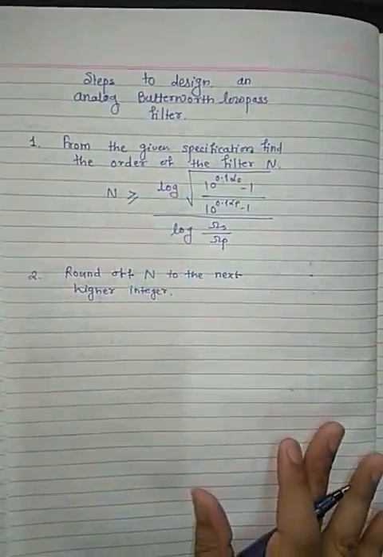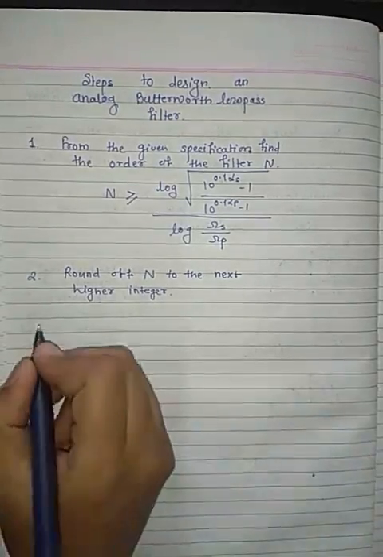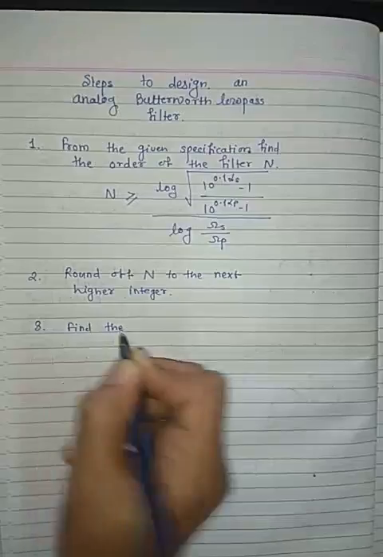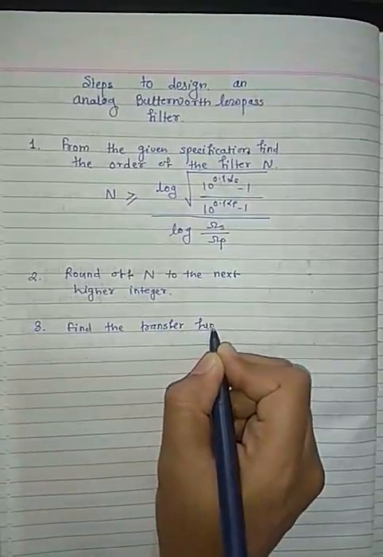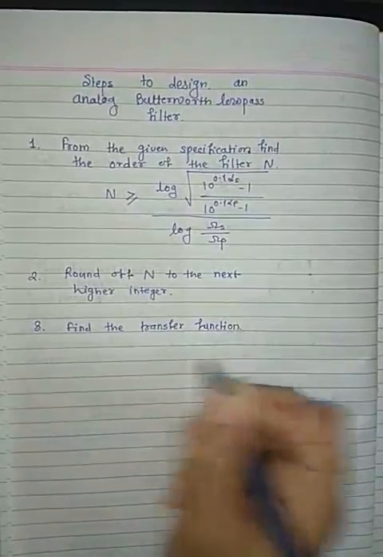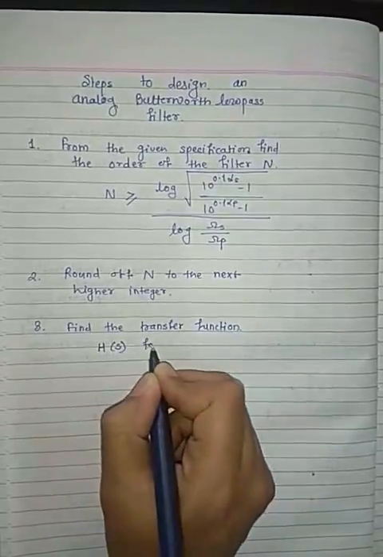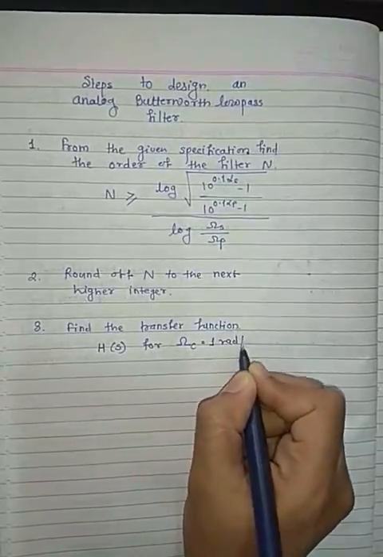Next, we have to find out the transfer function H of s for Ohm C equivalent to 1 radian per second.